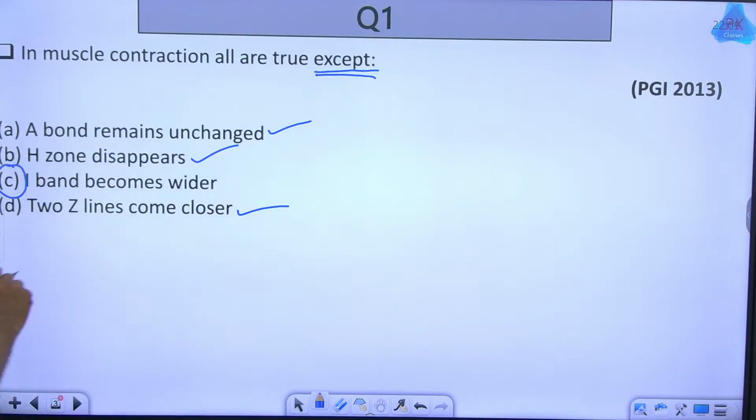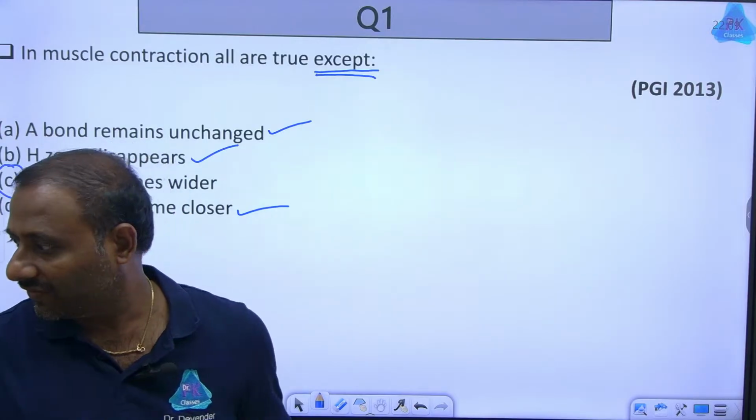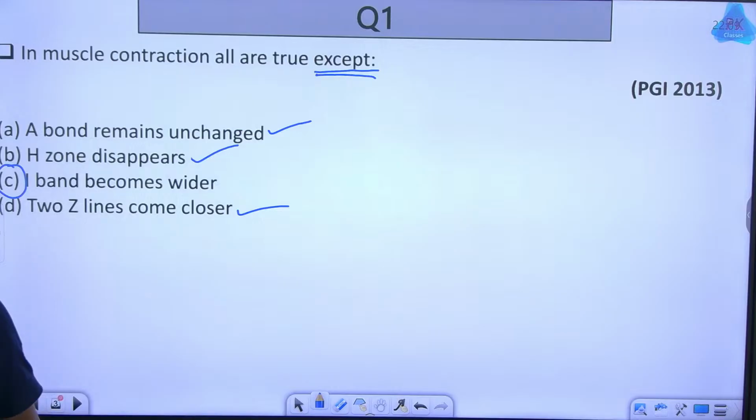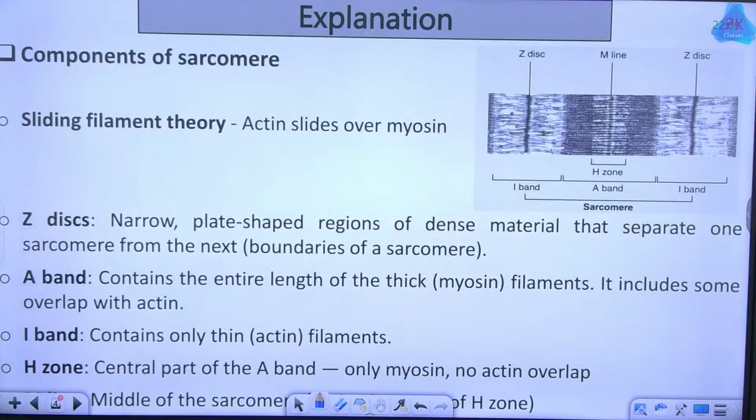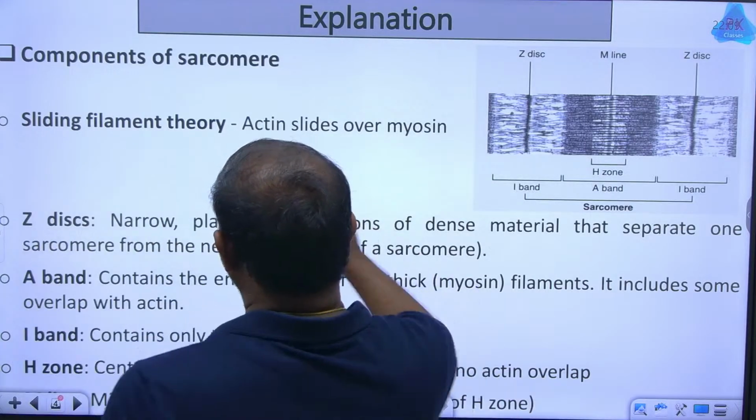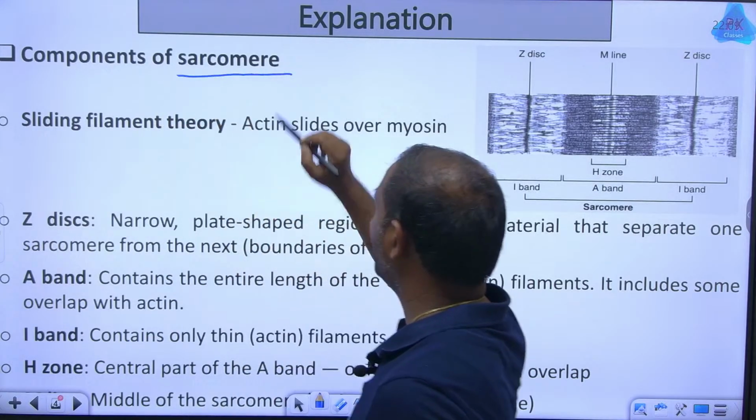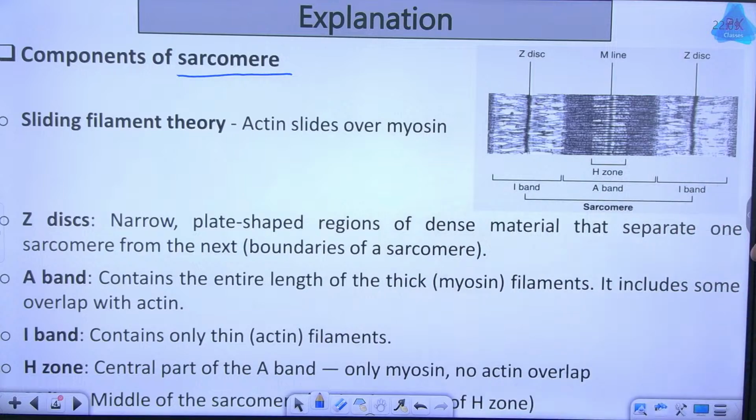So पहले हमको ये मालूम होना चाहिए कि ये band क्या होता है, H, A and Z lines. So what they indicate? First we should understand the basic concepts which are involved in the muscle contraction. ठीक है? So now we see the components of the sarcomere. You can see these are the components of sarcomere.